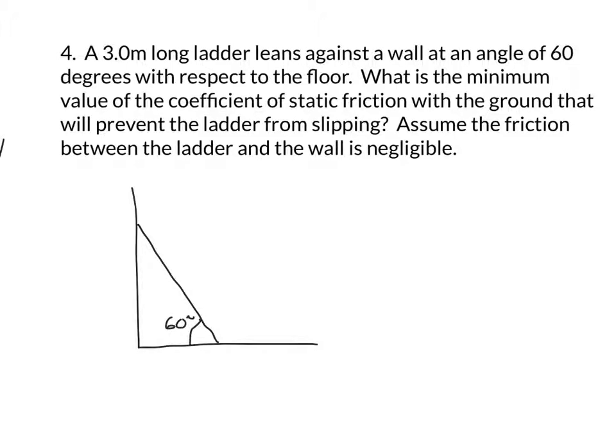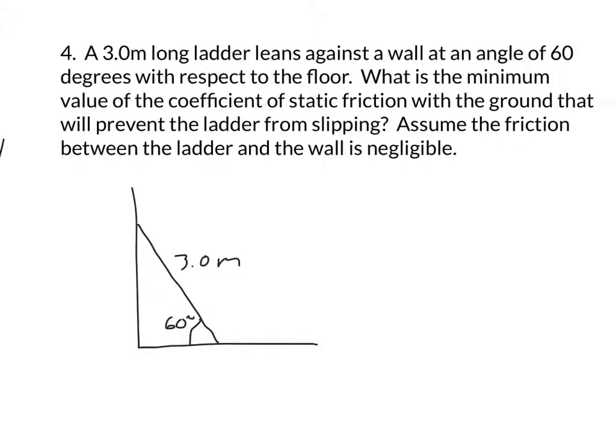And the ladder itself is 3 meters long. What is the minimum value of the coefficient of static friction with the ground that will prevent the ladder from slipping? And assume friction doesn't occur between the ladder and the wall. All right, this is a cool problem.